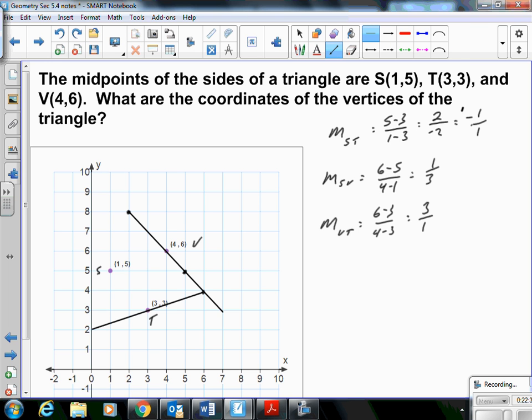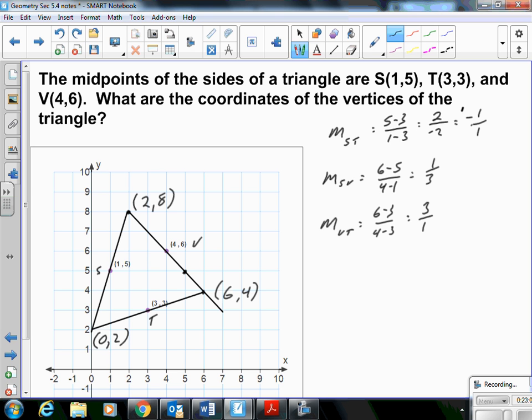So draw that line in. And so now we can actually come up with the coordinates, right? For this one down here, we're at 0, 2. Over here, we're at 6, 4. And at the top, we are at 2, 8. All right.